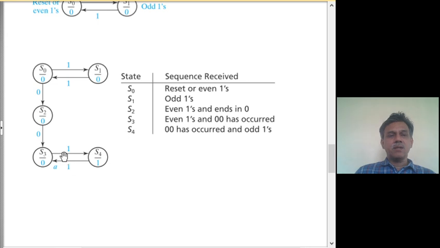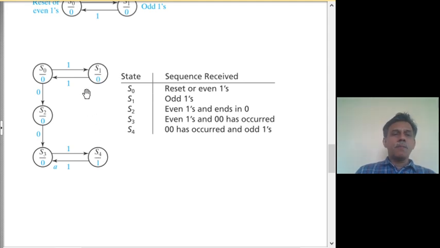Whenever a 1 occurs, it flips the even state to the odd state and the odd state back to the even state. This is the case when the condition is not met, but we keep track of the even and odd condition. This is the subset of the state graph where we keep track of the count, odd and even, and the condition is met. Accordingly, the machine behaves. See, there is an output of 1 here, whereas there are outputs of 0 here.